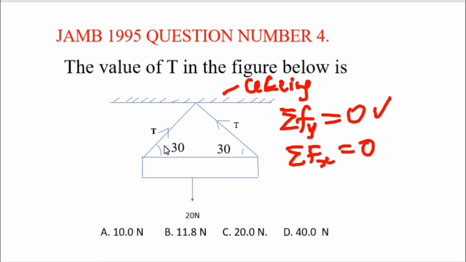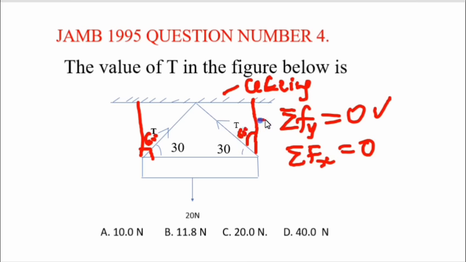So we need to resolve these forces vertically. This is an angle of 90 degrees. If we take away 30 from 90, this becomes 60. The same thing applies here: take away 30 from 90, this becomes 60.